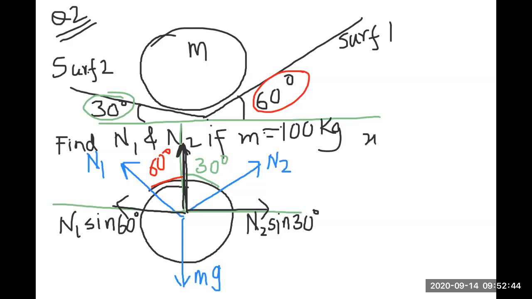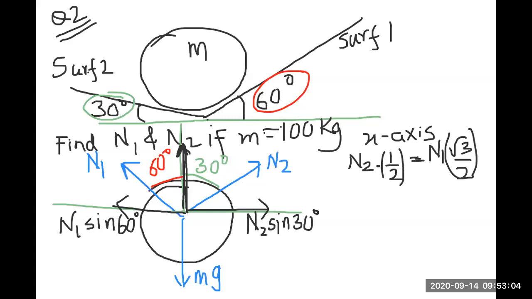So along the x-axis, the equation that we are going to get will be n2 into 1 by 2 is equal to n1 into root 3 by 2. 2 will cancel out. So we get, हाँ बिल्कुल ले सकते हैं, अभी मैं करके दिखाता हूँ। n2 is equal to root 3 n1.